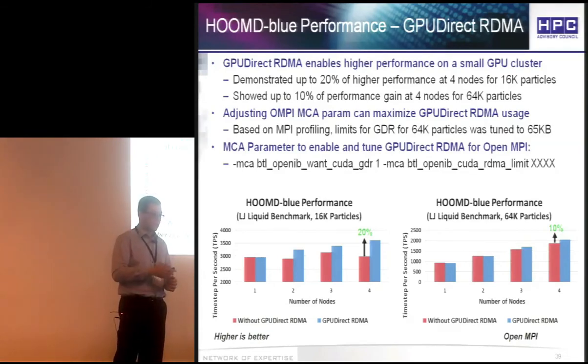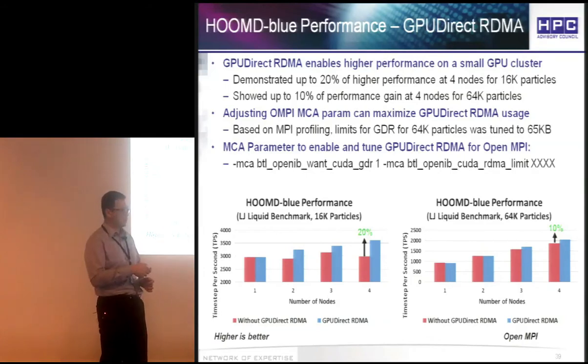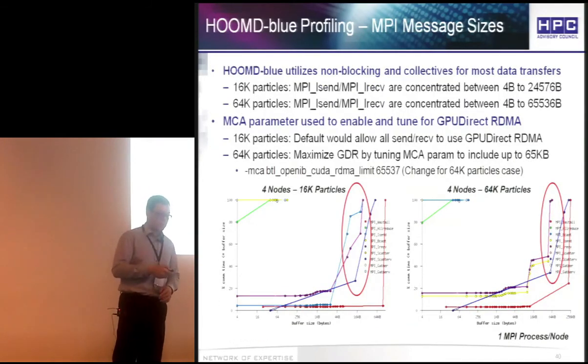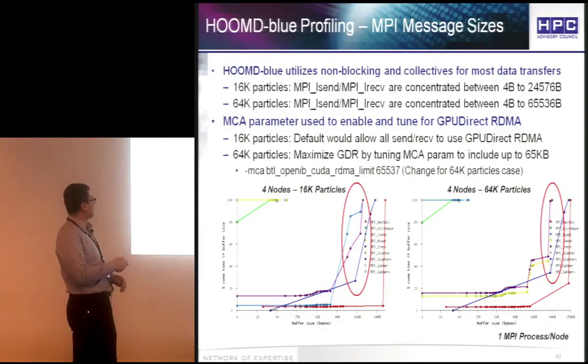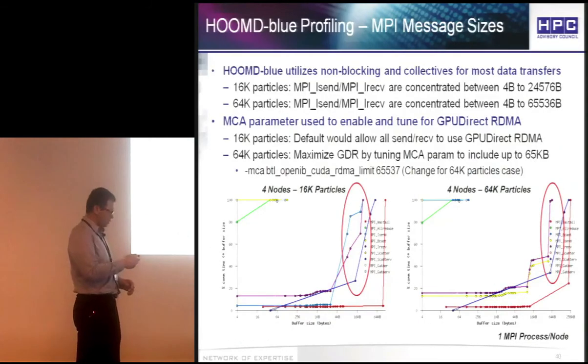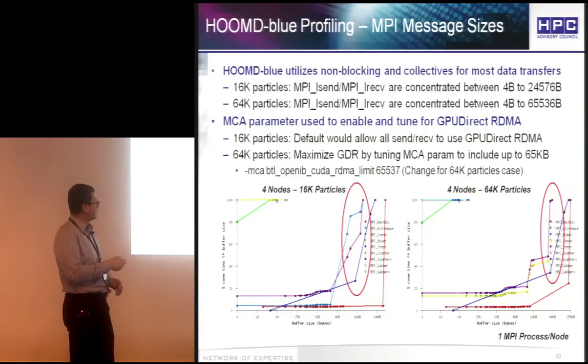To understand the best way of tuning those parameters, first of all you need to do profiling. I think I have a slide that talks about it. Yes. For the 2 cases that I showed you in the previous slide, the 16K particle and the 64K particle sizes, what I was able to find out is where the MPI_Isend and MPI_Irecv concentrations are.